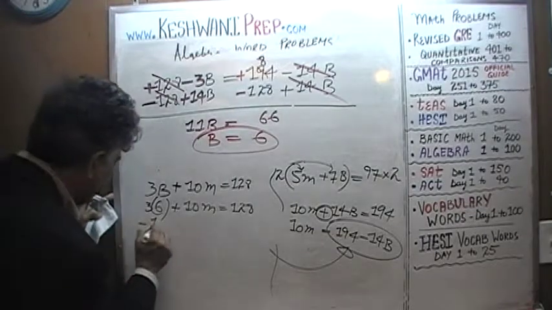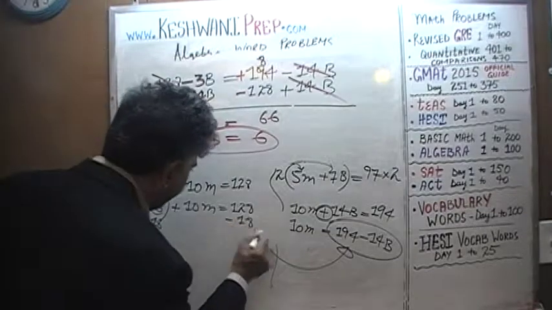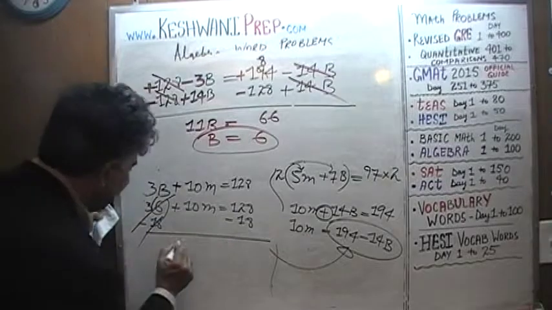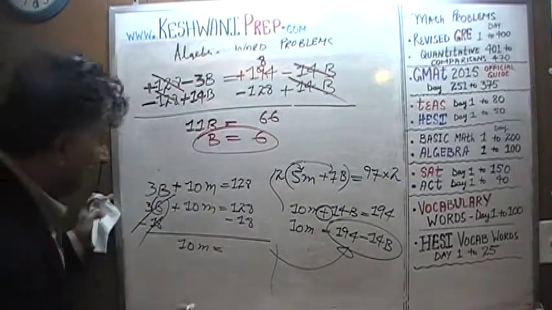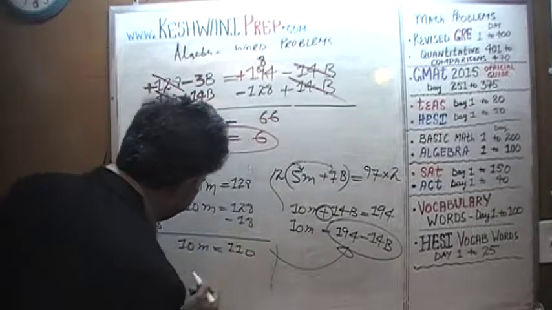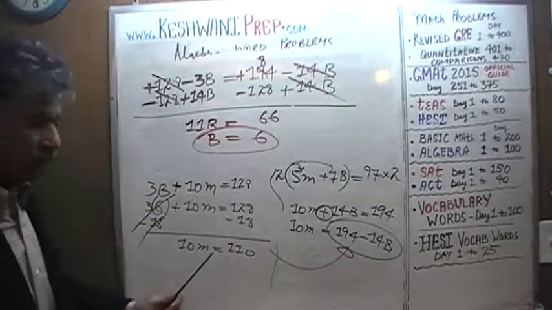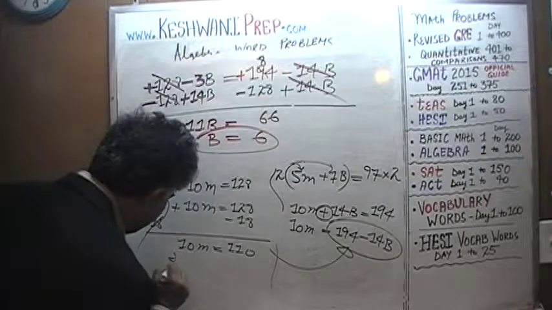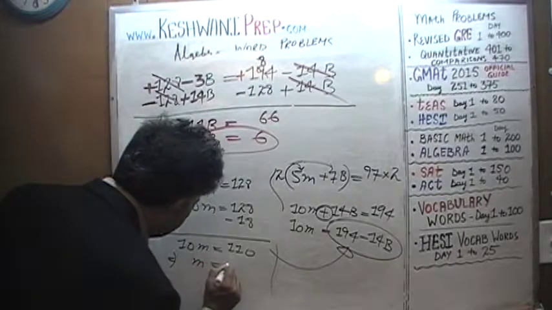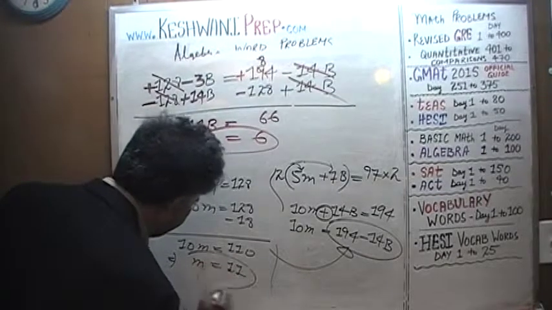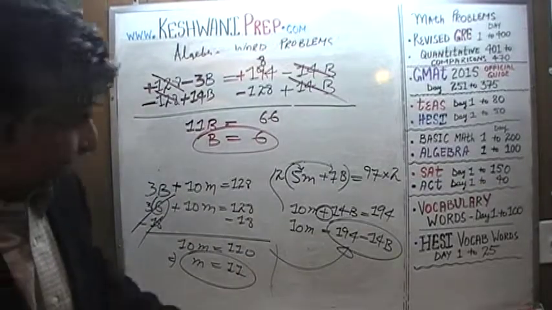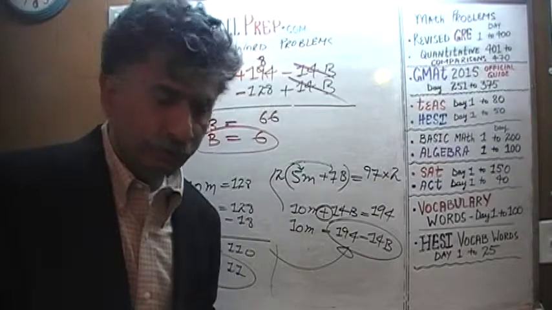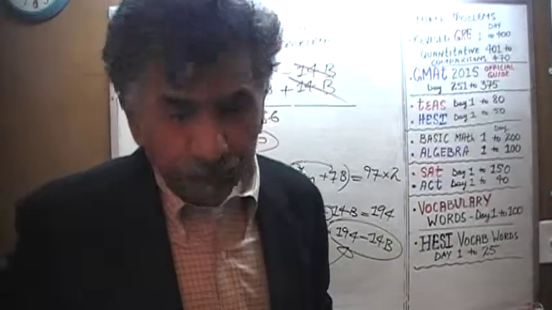Let's subtract 18 from both sides. 10m equals 128 minus 18, which is 110. If 10 movies cost $110, then one movie must cost $11. And that's all there was. I'll see you tomorrow, okay? Bye now.